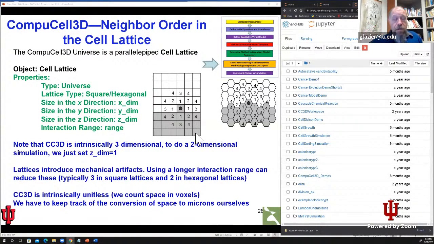As you increase the interaction range, you're basically fuzzing out the granularity of the lattice. The simulations will take longer to run, and you may get funny non-local effects, but they're also going to behave better mechanically. And so occasionally you'll be asked to set the interaction range to 2, to 3, to 4.